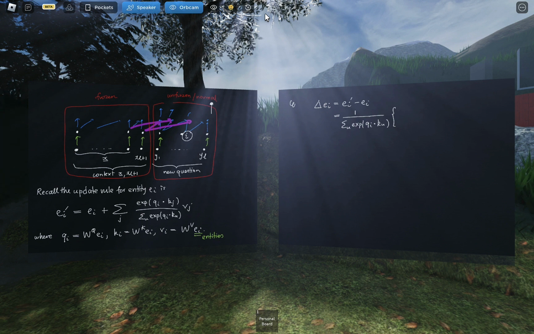Okay, so I'm going to split this sum into two sums. One is over j frozen, and one is over j unfrozen, or maybe just call them normal.